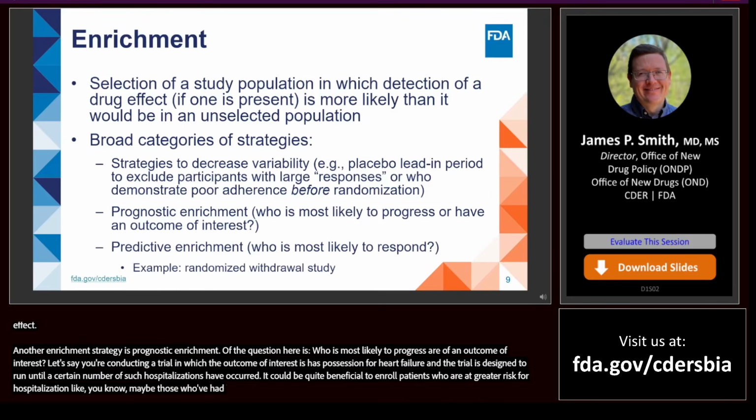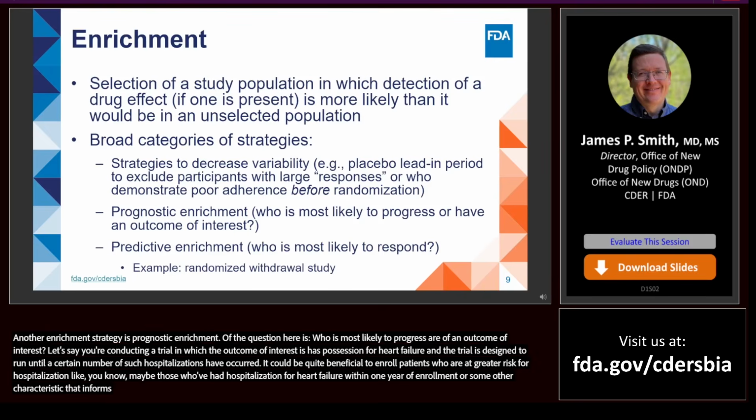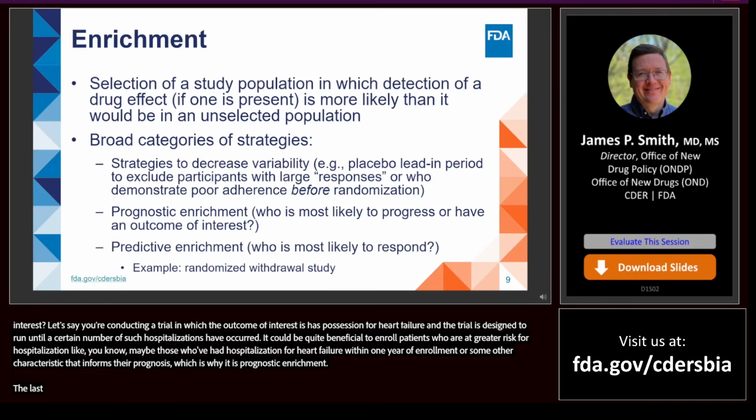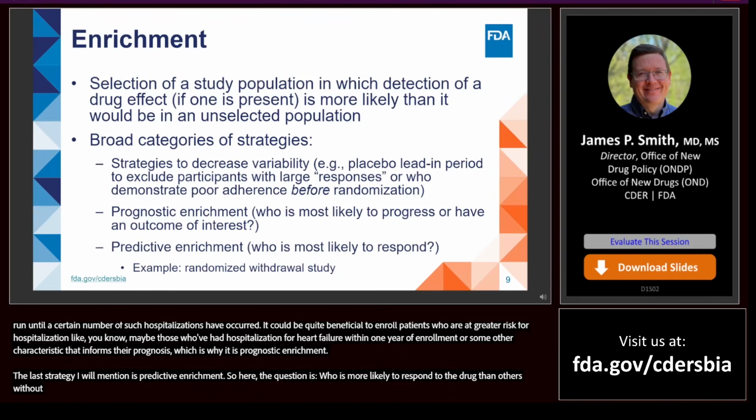The last strategy I'll mention is predictive enrichment. So here, the question is, who's more likely to respond to the drug than others without the factor that's being used for selection? So prognostic enrichment considers who's most likely to have an outcome regardless of treatment. And predictive enrichment considers who is predicted to respond to the drug. And so a randomized withdrawal study is an example of this.